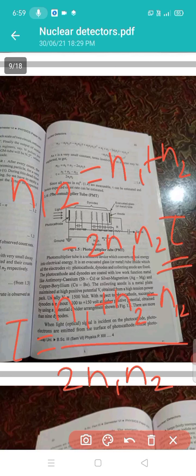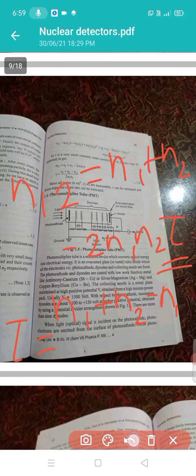By knowing n1, n2 and n12, the observed count rates for source first, source second, and both sources mixed together, we can calculate the dead time tau. These terms n1, n2 and n12 are measurable, so tau can be estimated and hence the expected count rate can be estimated. This is about the dead time.